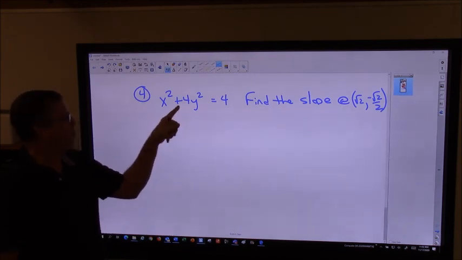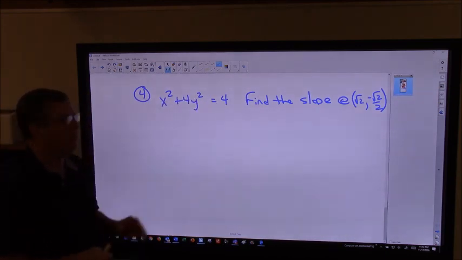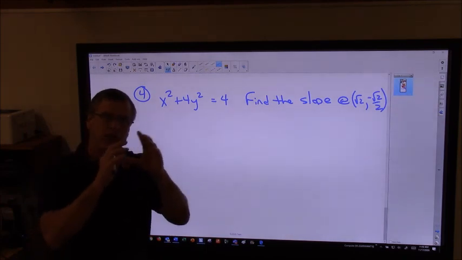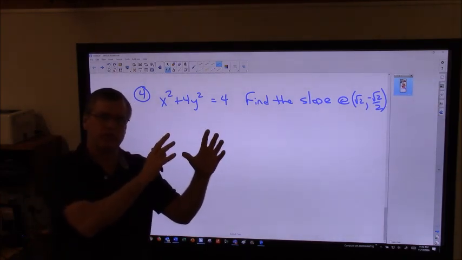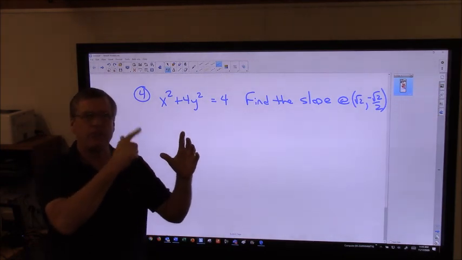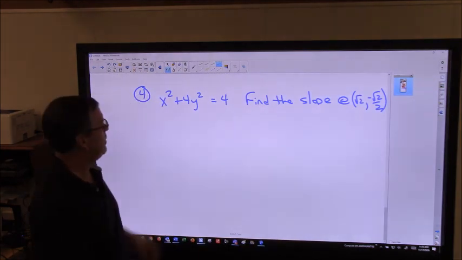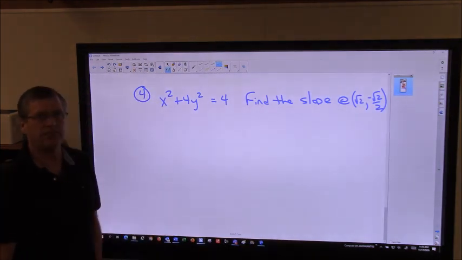When I take this, I'll move this over, I'll divide by 4, and I'll take the square root. But when I do that, I got to remember that y equals plus or minus the square root. I'm not sure which square root I should use, the positive one or the negative one, because I don't know which one goes through that point. But if I just do this implicitly, then I'll be fine. I don't have to worry about it at all.